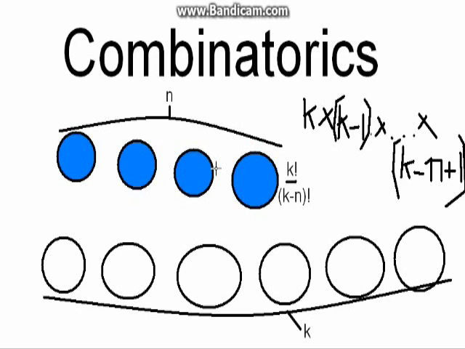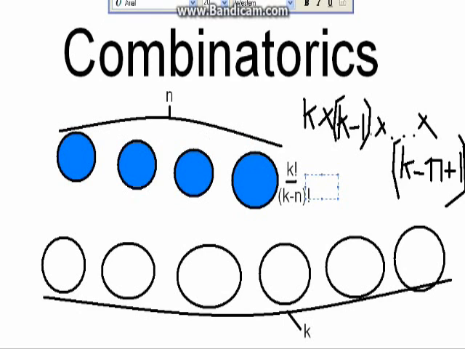So 3 balls means that n is 3, and k spaces means that k is 5, because there's 5 spaces and 3 balls. So we got 5 factorial, which is 5 times 4 times 3 times 2 times 1. So 5 times 4 is 20, times 3 is 60, times 2 is 120. So we've got 120 on the top. So this k factorial is 120.